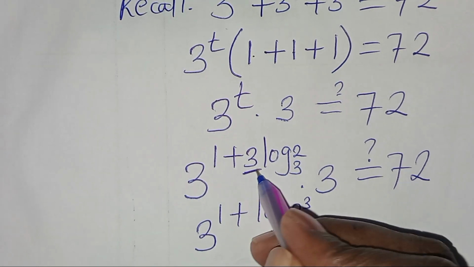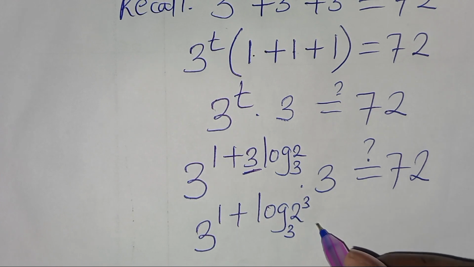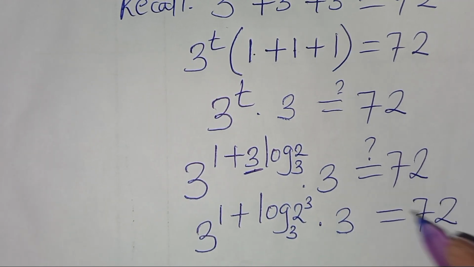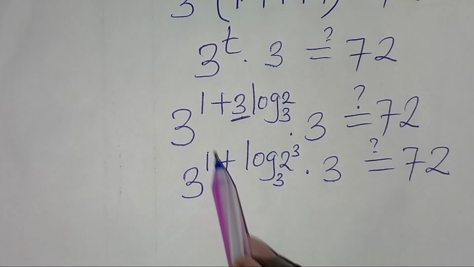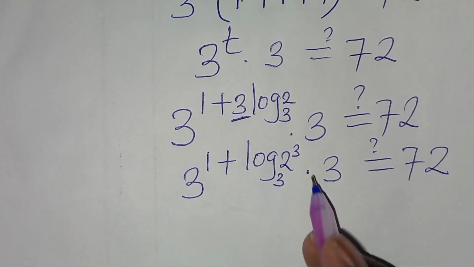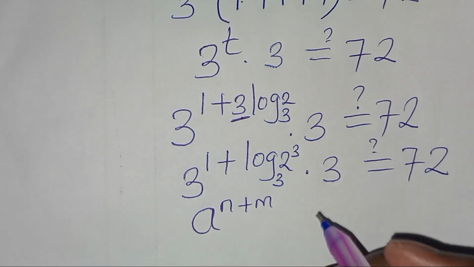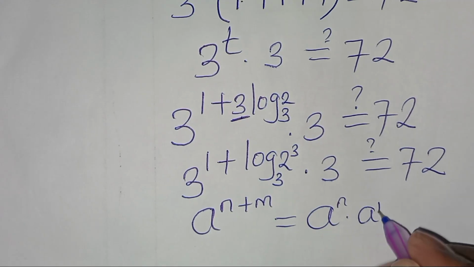Now this 3 is a power, so that's why we have log 2^3 to base 3, multiplied by 3. Now the next step is that 3^(1 + log 2^3 to base 3) is in the form a^(n + m), which we can express as a^n times a^m.